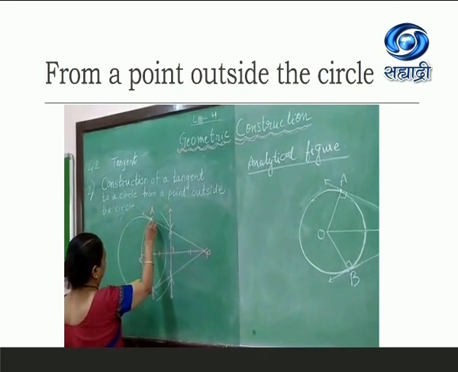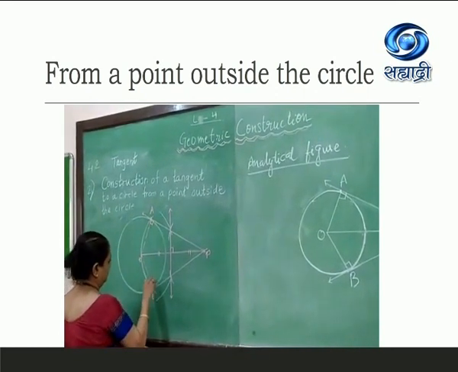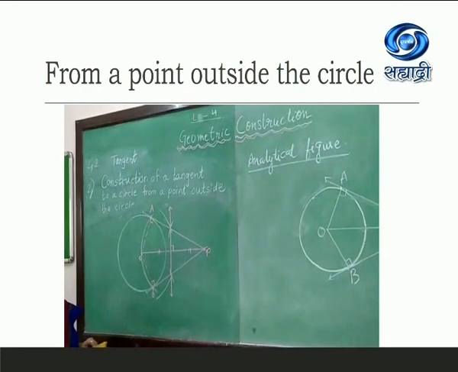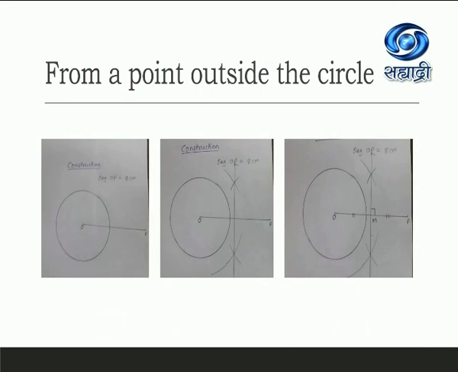This construction carries at least 3 marks, and for this the analytical figure is important. Practice the same. See how it looks. Suppose segment OP is 8 cm after drawing a circle with center O. Here OP is 8 cm. I have drawn the perpendicular bisector.